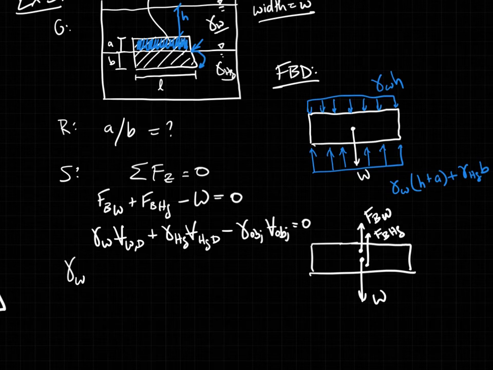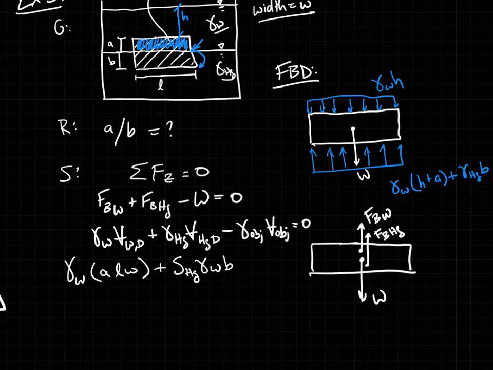So the volume of water displaced is going to be A times L times W, plus gamma Hg. Well, that's going to be S Hg times the gamma of water, times the volume of Hg displaced. So that's going to be B L W, minus the gamma of the object.